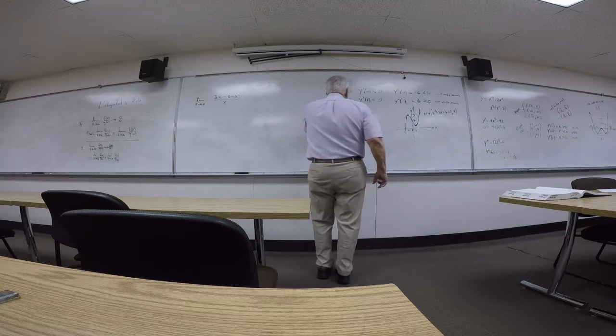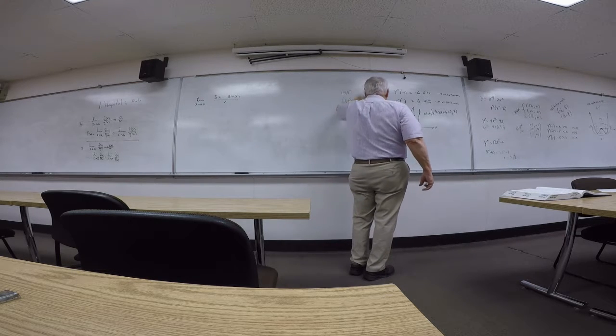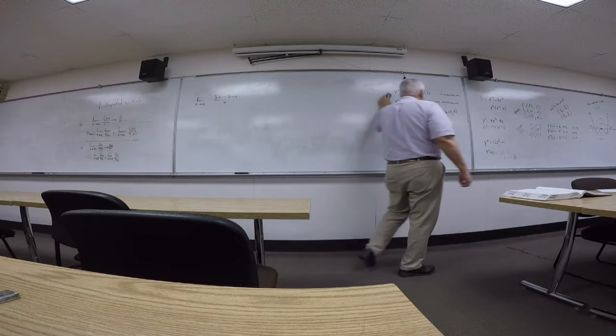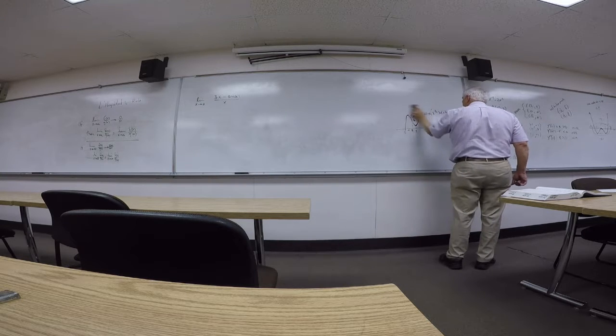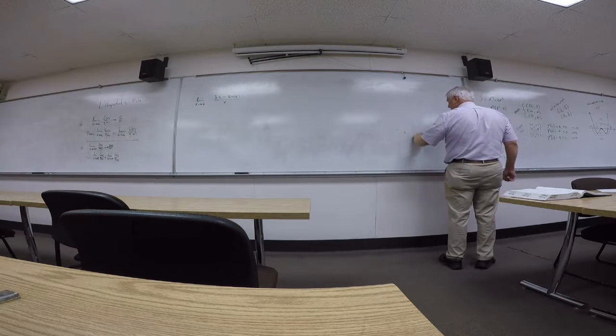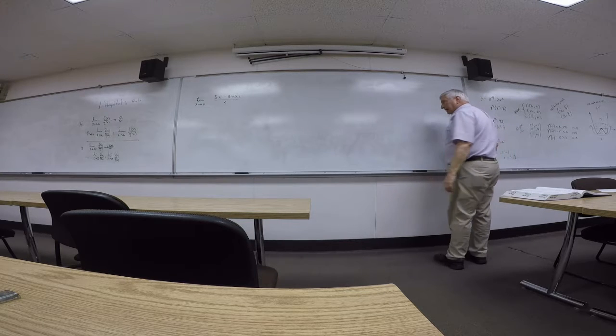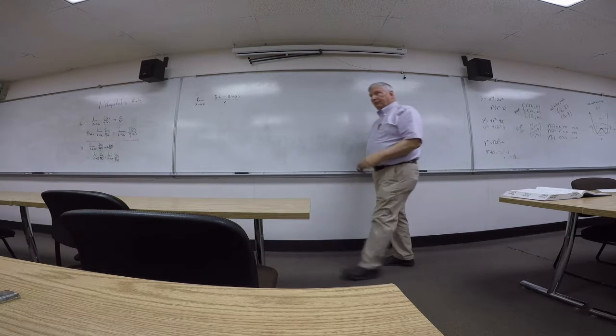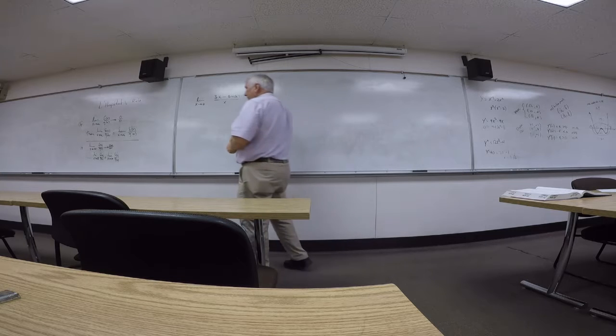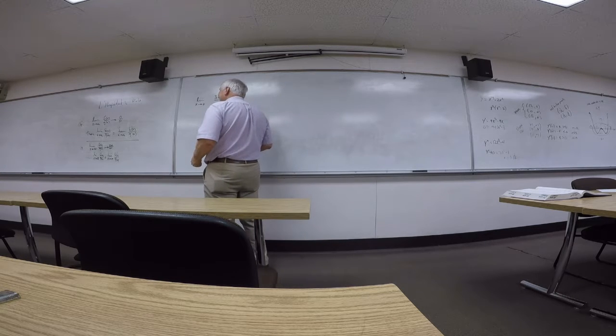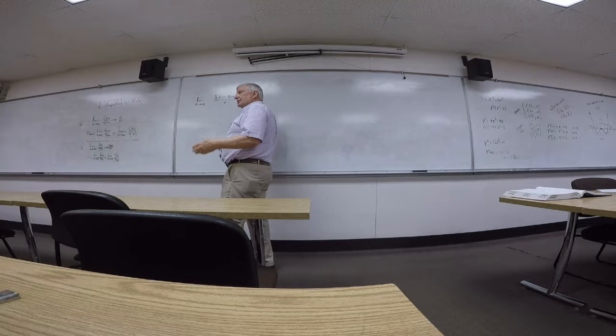Now, this one we could algebraically simplify. Let's do it by algebraic simplification, and then let's also do it by L'Hopital. Algebraic simplification says the limit of the sum is the sum of the limits.